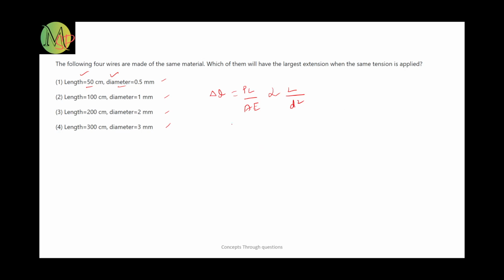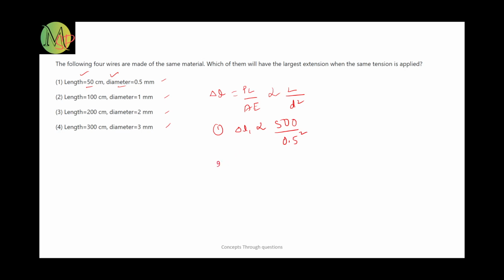So for the first wire, delta L1 is proportional to L1, 50, divided by d square. This length 50 you can convert into mm, it will be 500 into 10, and the diameter is in mm, 0.5 square.